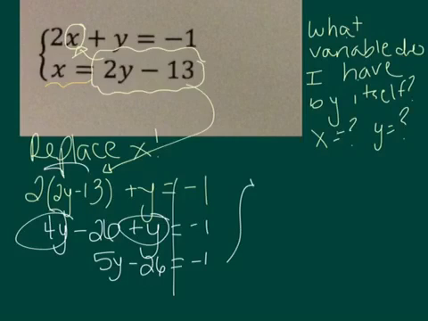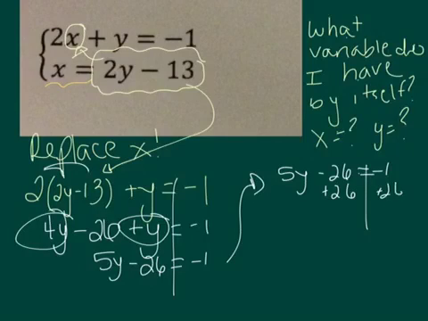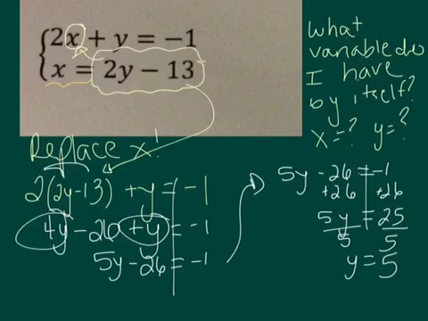I'm going to come over here so I have more room. 5y minus 26 equals negative 1. Add 26. Negative 1 plus 26 is 25. So 5y equals 25. And then divide by 5. 25 divided by 5 is 5. Y equals 5.